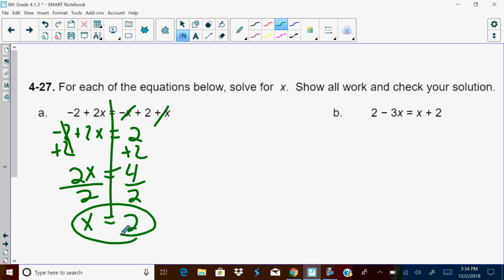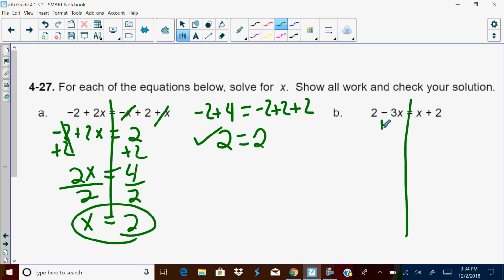So then to check my answer, I would plug it back in. Negative 2 plus 4 should equal negative 2 plus 2 plus 2. So negative 2 plus 2 is going to give me 2. This will equal 0 plus 2. So it's correct. For B, I'm going to start by adding 3x to both sides.